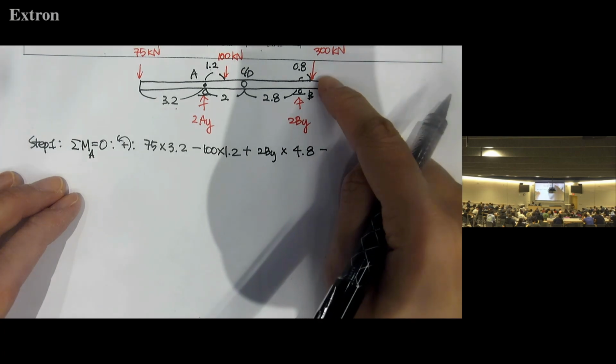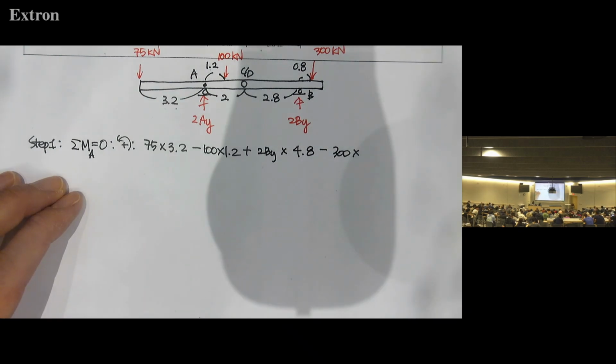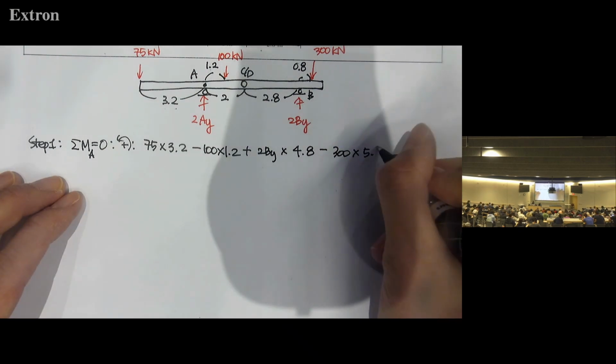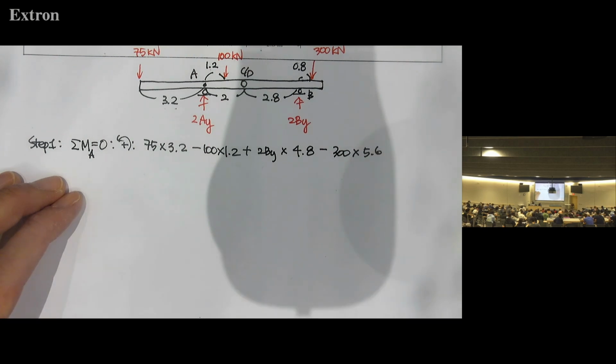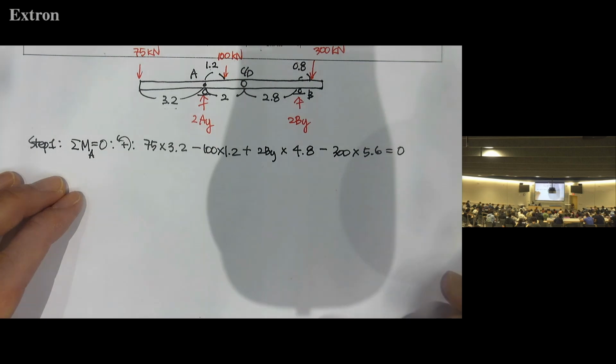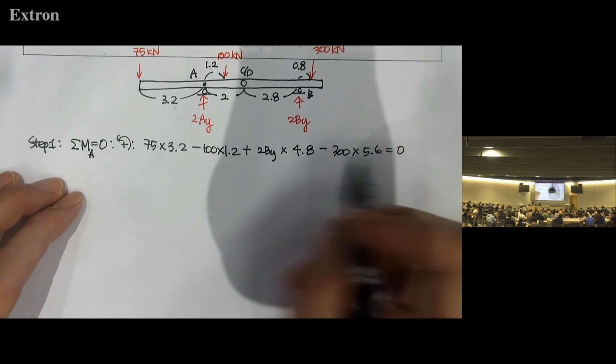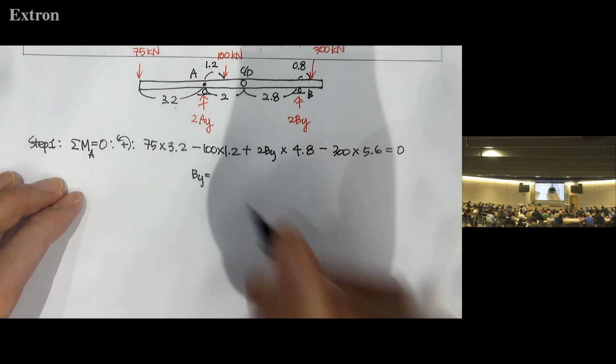And then 300 times 4.8 plus 0.8, 5.6. So this is the equation, and that's all for BY.